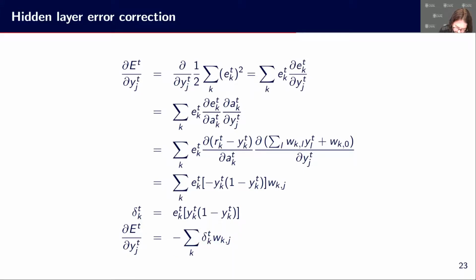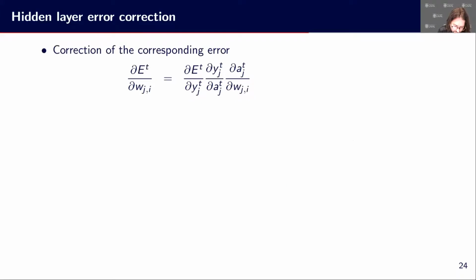So this is giving us a nice thing, and as such, then we can say that the correction of the corresponding error is that thing. Let's plug in all what we developed so far. We got this. So we've got basically that the partial derivative of the squared error over WJT GI for a hidden layer before the output layer is this thing.